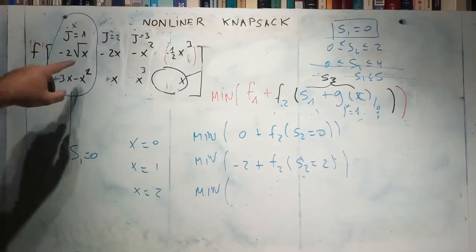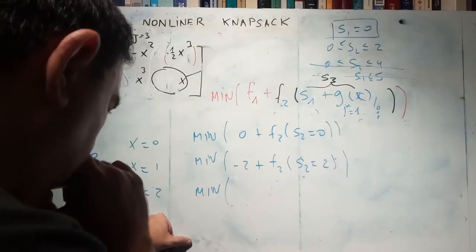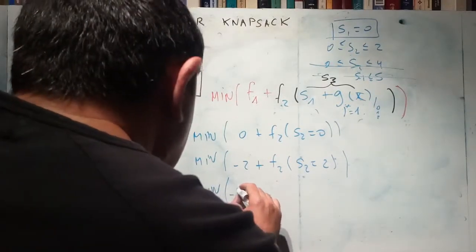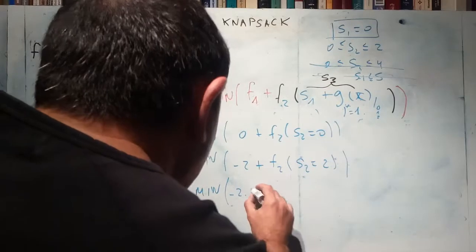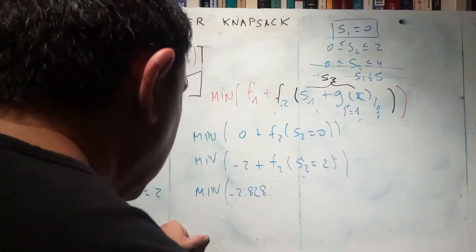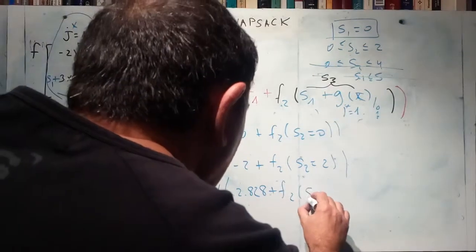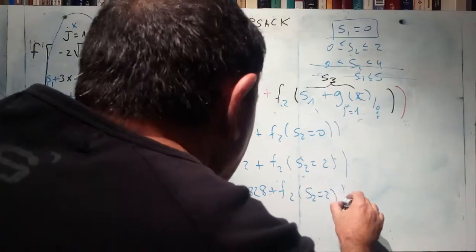Now we have to take the square root of 2 and multiply it by minus 2. This is giving us a floating point. This is giving us minus 2.82, rounding a little bit, 8, plus f2 of s2 being 2 again.